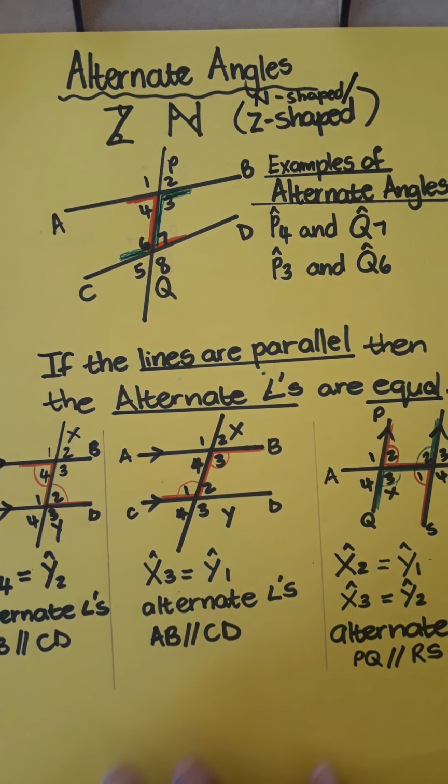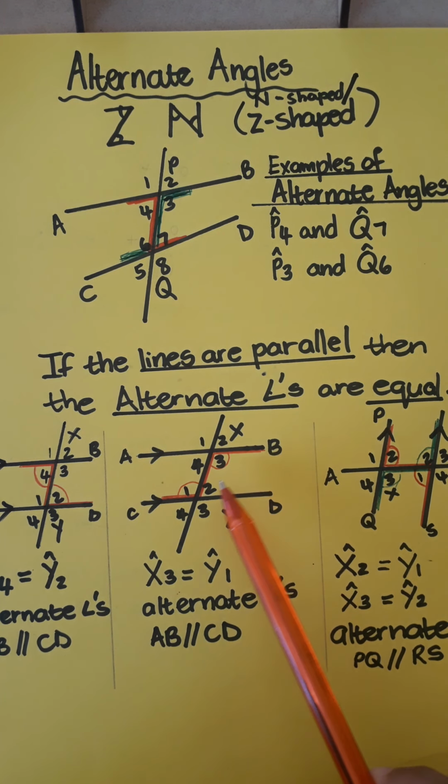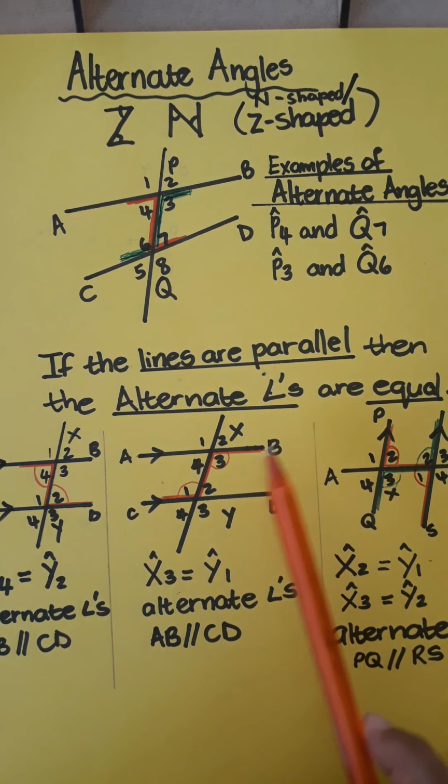Let's look at the other example. AB is parallel to CD, and there's a transversal XY. Angle X3 is equal to angle Y1. They are alternate angles. AB is parallel to CD.